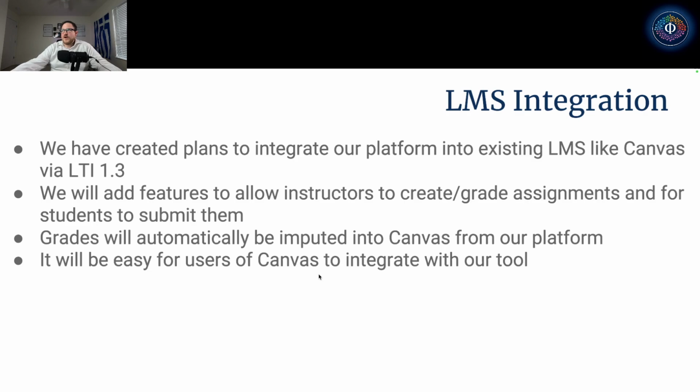So one of the big points that we're also trying to do in supporting GlossaLearn as an ever expanding tool is to have LMS integration. So we've created plans for this LTI 1.3 integration with being able to make assignments in Canvas. This is a much longer process. What we had promised as part of our project is to create that roadmap, and we do have that roadmap, but it is a much longer part of the project.